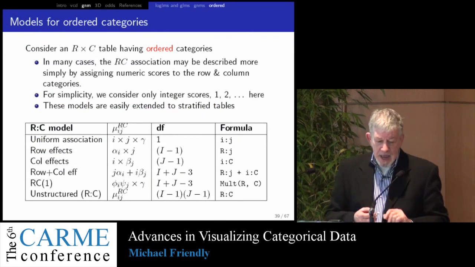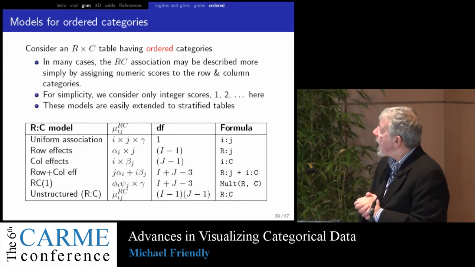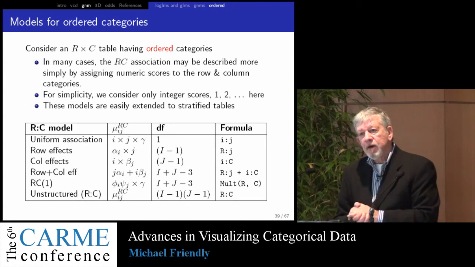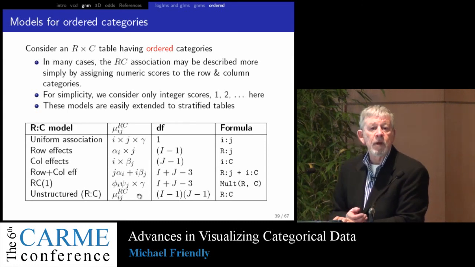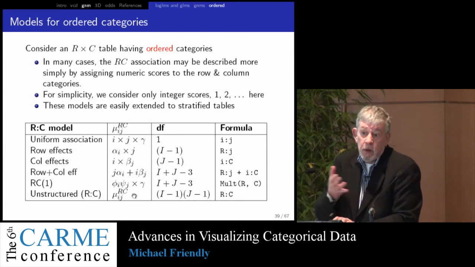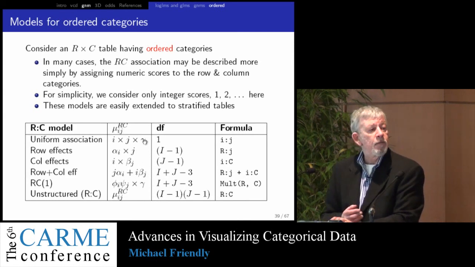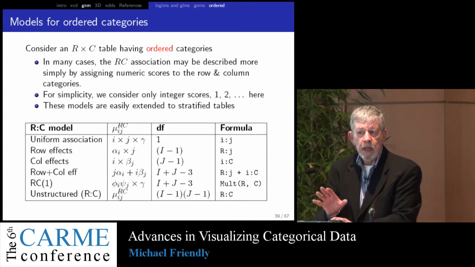So let me take up some examples dealing with models for ordered categories in three-way tables. And I'll start with two-way tables and just suggest that between the model that says the association between rows and columns is completely unstructured, that is, the full two-way association, there are a variety of simplified models going down to a model of uniform association that says all of the association is described by one parameter.